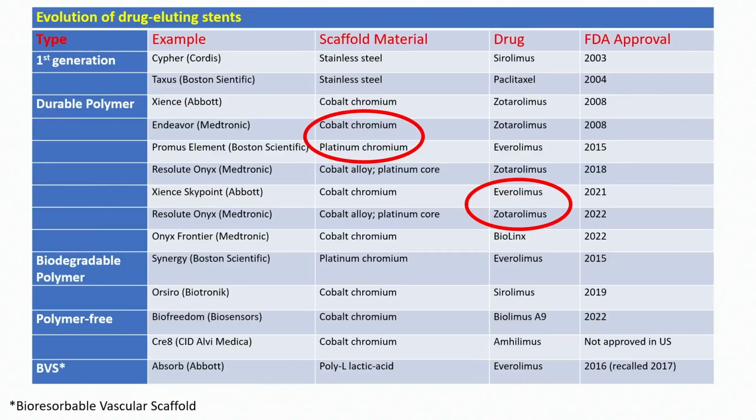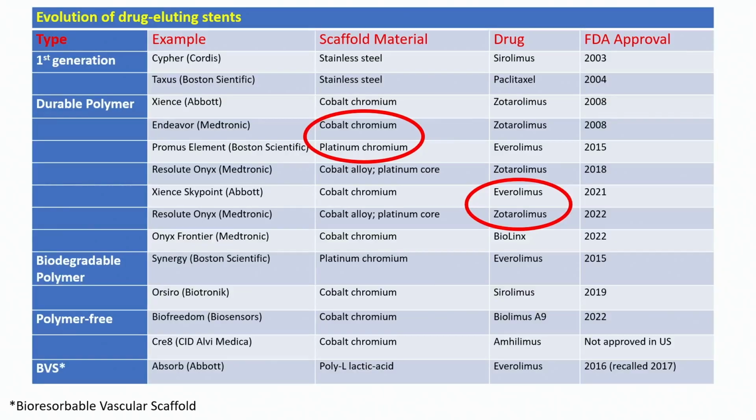And so with the evolution of technology, there have been stents that have been made where the polymer is biodegradable, which means after a certain period of time, it dissolves and it goes away so that one thrombogenic component is gone. Also, you will notice that there are stents that are available that are polymer-free now. So essentially, it's the scaffold that is just coated with the drug. There is no polymer there. So that reduces one thrombogenic potential.